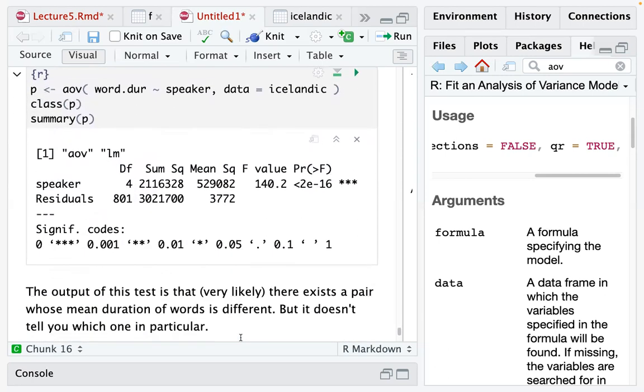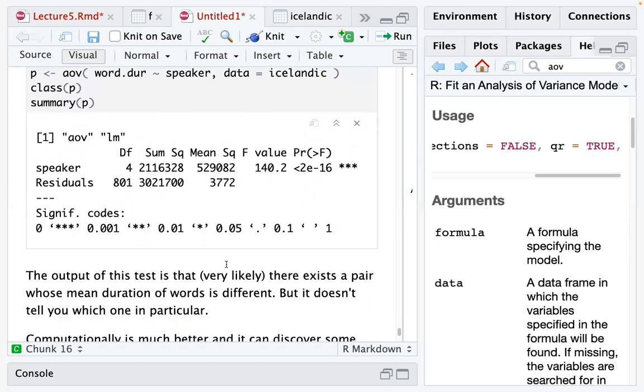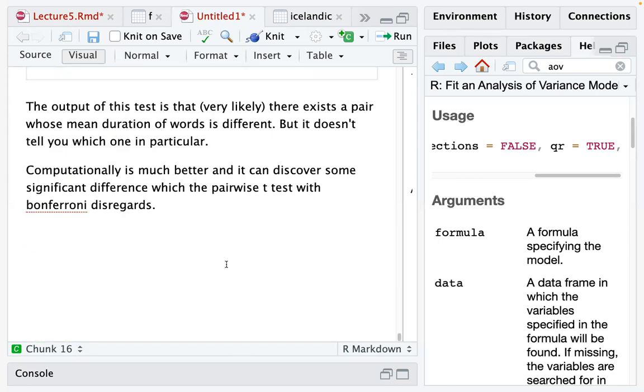the analysis of variances, and now let me briefly say what this F statistic is.